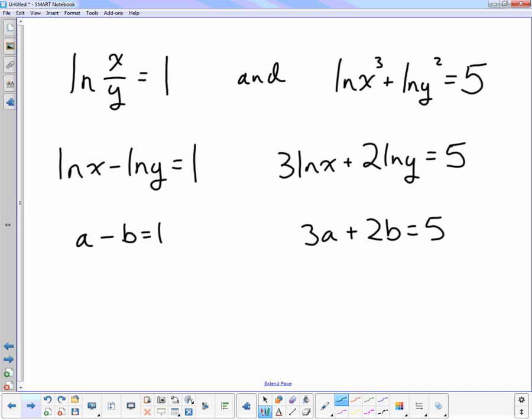Alternatively, A equals b plus 1. And now substitute. Yeah, I think I got something like that. Oh, wait.